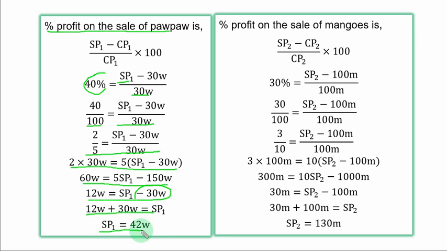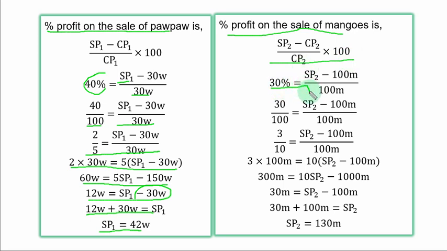Now from the first statement, we formed equation 1 using the cost price, and we also formed equation 2 using the selling price. Now we want to get SP1 and SP2 in terms of W and M to enable us to solve for M and W in those equations. So we have the profit percent on the sale of mangoes. This is the same formula, but what we have here is 2 as the subscript. So you have 30% equal to this.